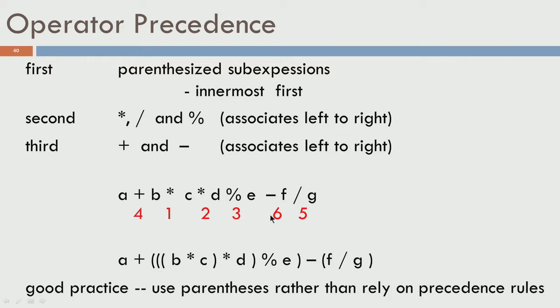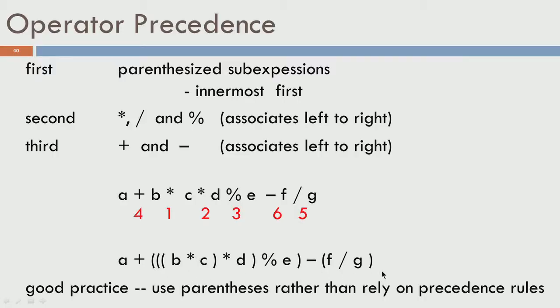So, if you are looking for a parenthesized expression which is equivalent to this, this would be the parenthesized expression. So, you start with B times C, the innermost thing is evaluated first, then you have that times D, then you have that times that modulo E. So, you will have a result from here that will be added to A, and you do F by G, and this F by G will be subtracted from this whole expression on this side.